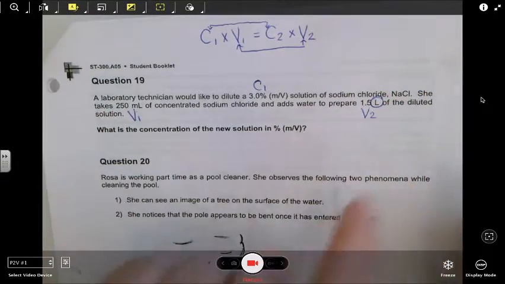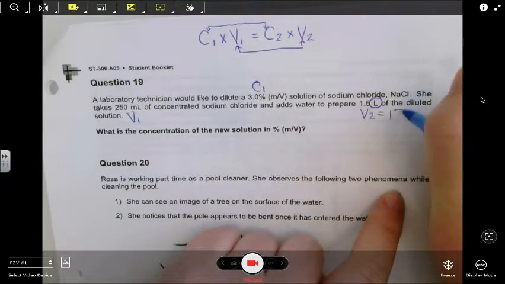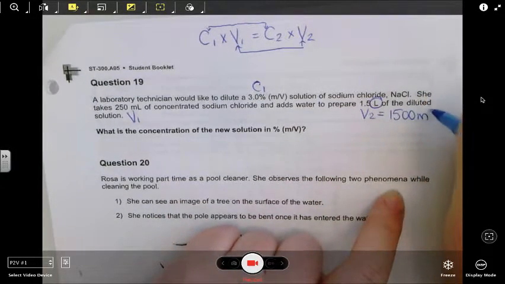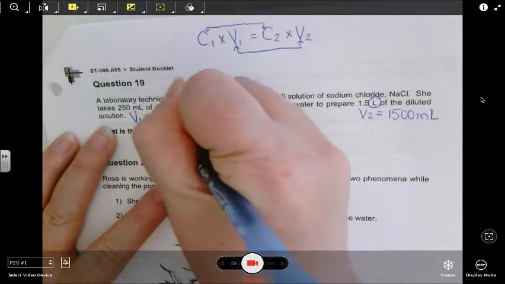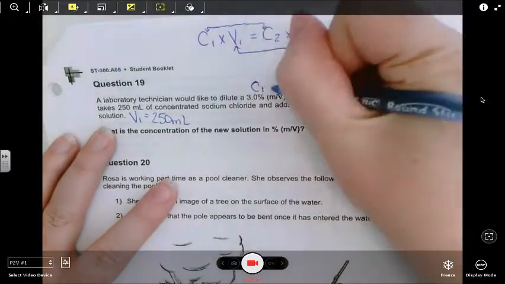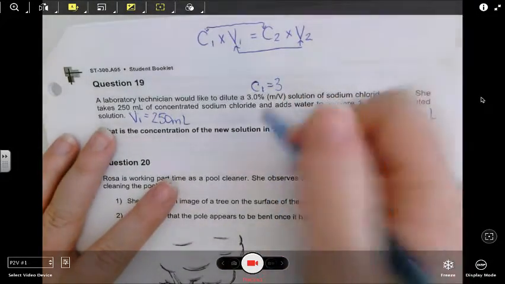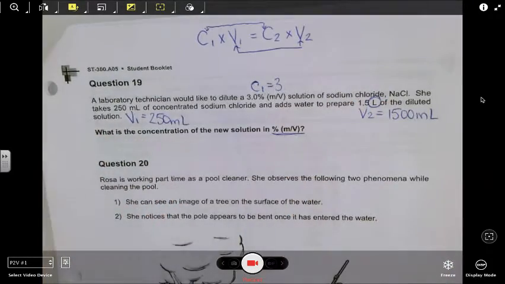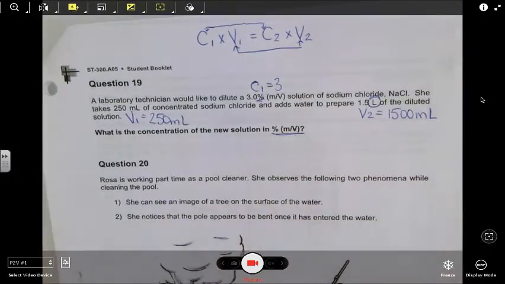So instead of writing 1.5 liters, I'm going to write 1,500 milliliters, because if one of them is in milliliters, we have to put the other one in milliliters too. And here we have 3%, and that's fine because they want their answer in percent mass over volume, so that unit matches up.